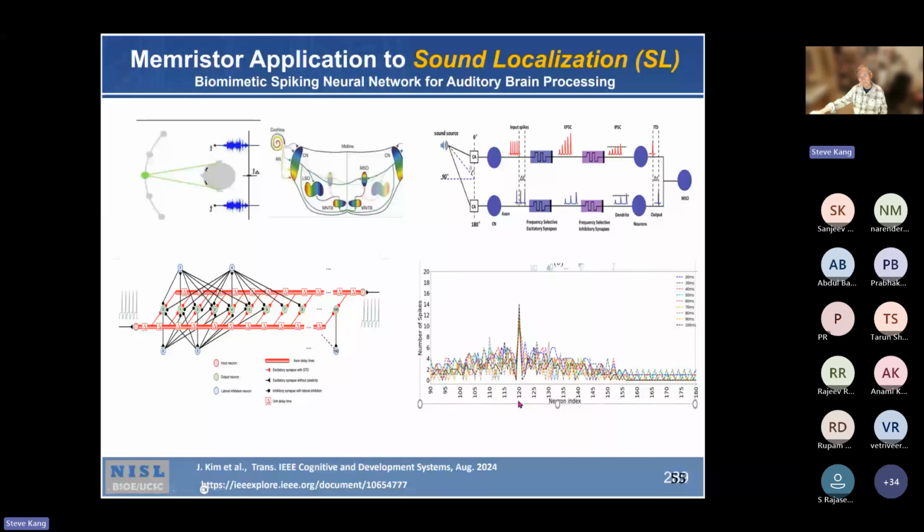And what happens is neuron number 120 produces the highest spike. Then you know that it's 120 degrees, for instance. So that is the idea using memristors in this case. So it's a spiking neural network, but with memristors in it.